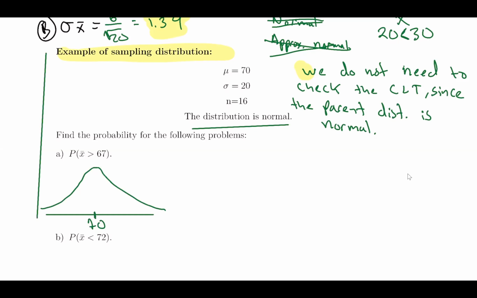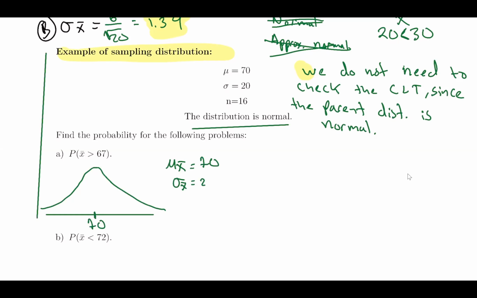Up next, let's find mu of x bar and sigma of x bar. What's my mu of x bar? Mu of x bar is equal to 70, good. What was sigma of x bar equal to?